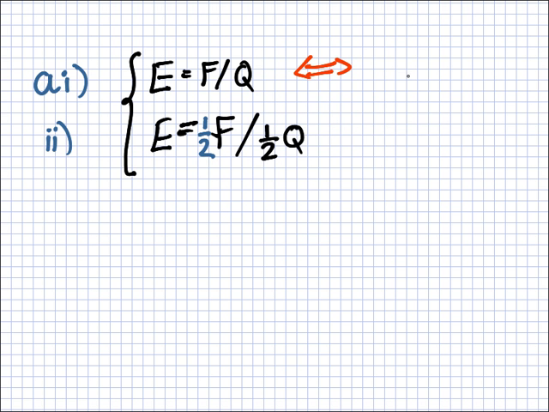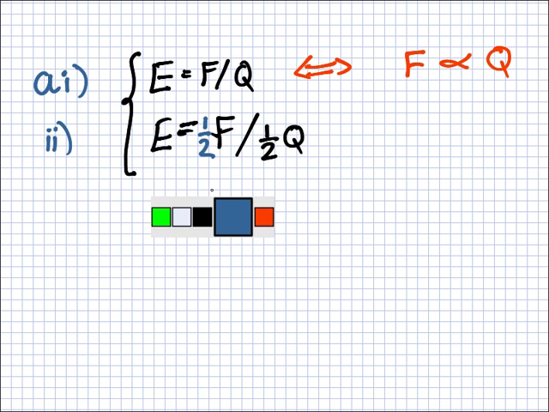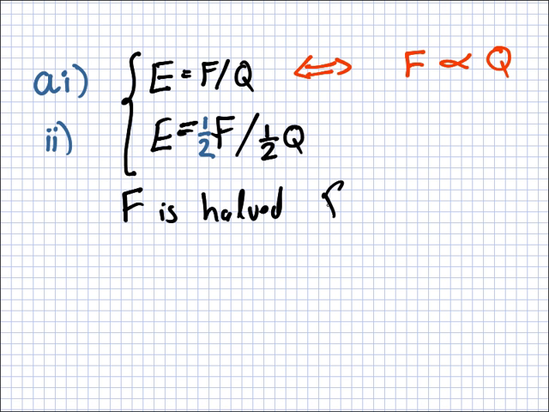Because E is a constant, you get the simple relationship that force is proportional to charge if you multiply across. So the answer would be F is halved and E is constant.